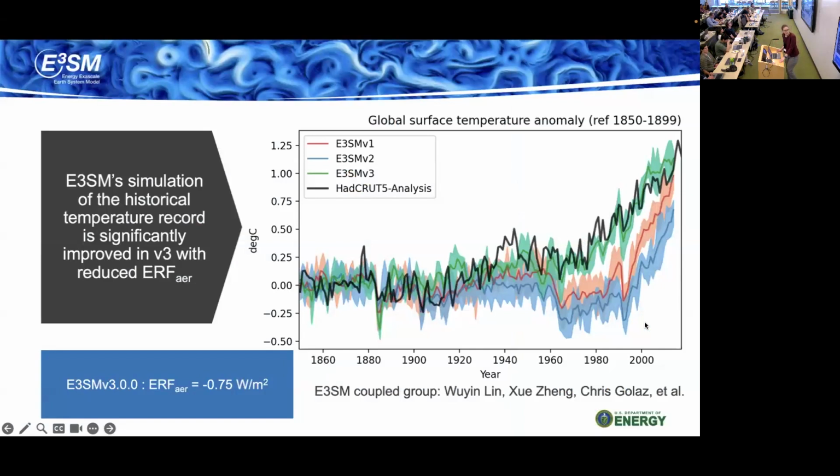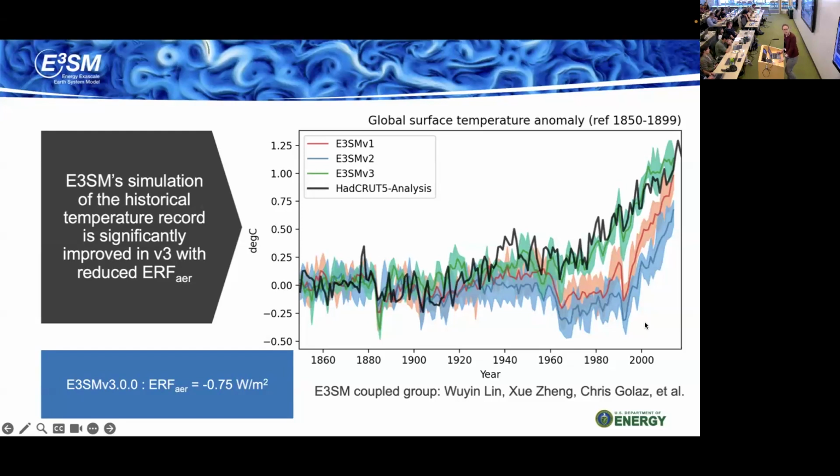So after all of those changes in version 3, we ended up with an overall ERF of minus 0.75. And this indeed gave us a much cleaner, much better simulation of the historical temperature record when combined, of course, with other changes in the coupled model. And so we're very pleased that we were able to get a good simulation of the historical temperature record. This is really important for the credibility of the model.